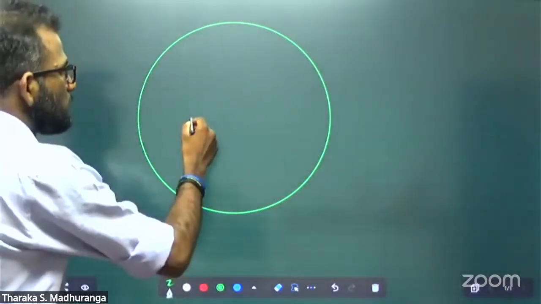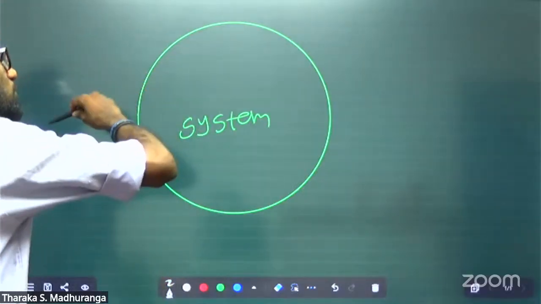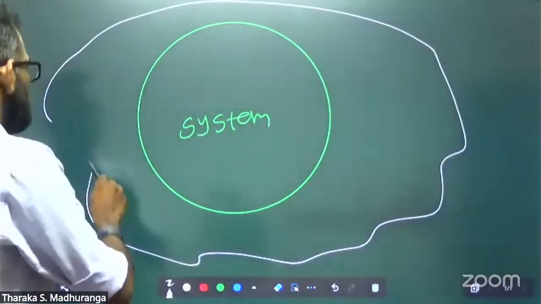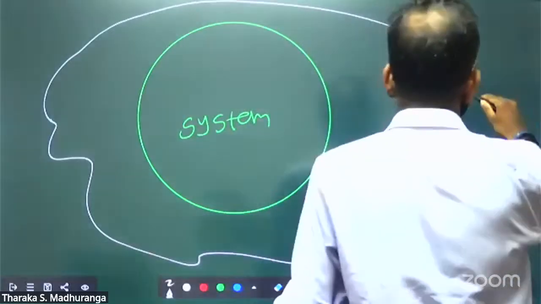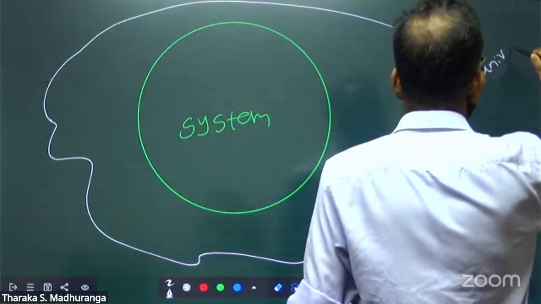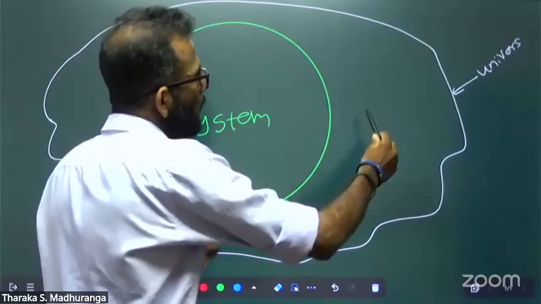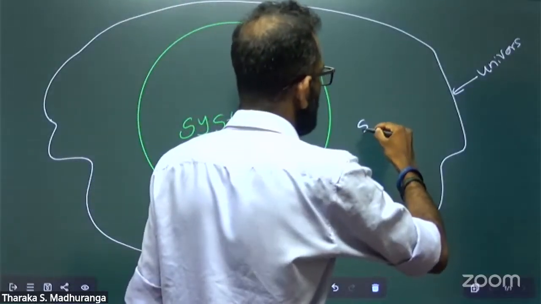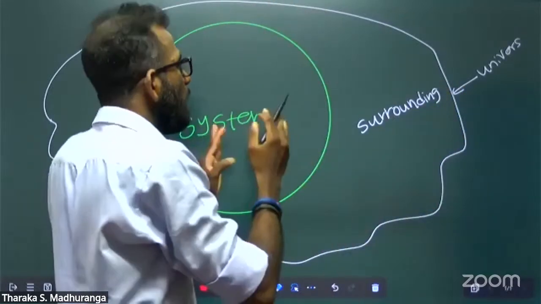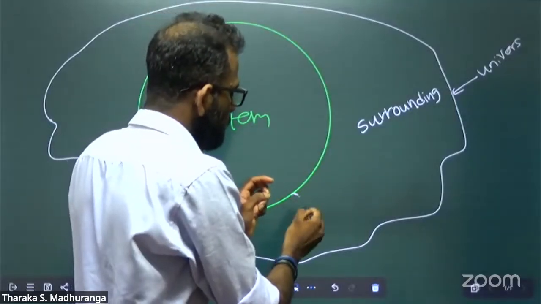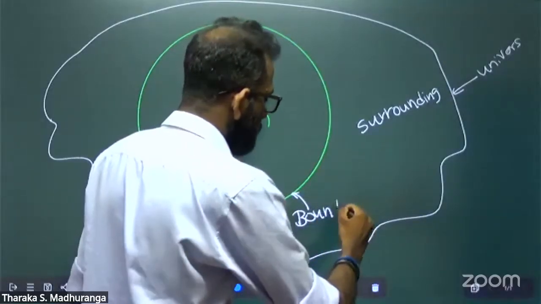Think this is the universe. The full one is the universe. Except the system, all other parts in the universe we call the environment or surrounding. The system and surrounding are separated by the system boundary.